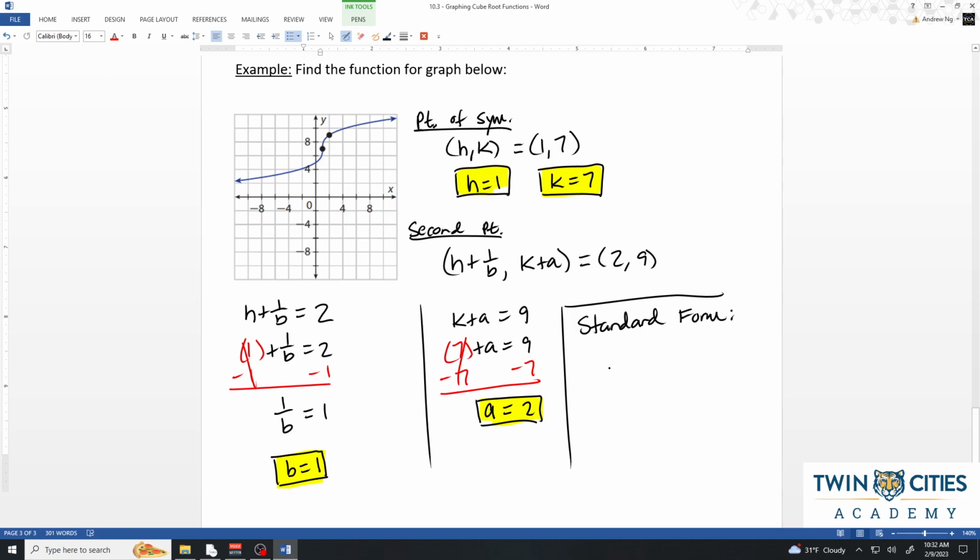So we've got a times the cube root of b(x minus h), and then plus k. Plugging it all in, I've got 2 times the cube root of 1(x minus 1), and then plus 7 at the end.